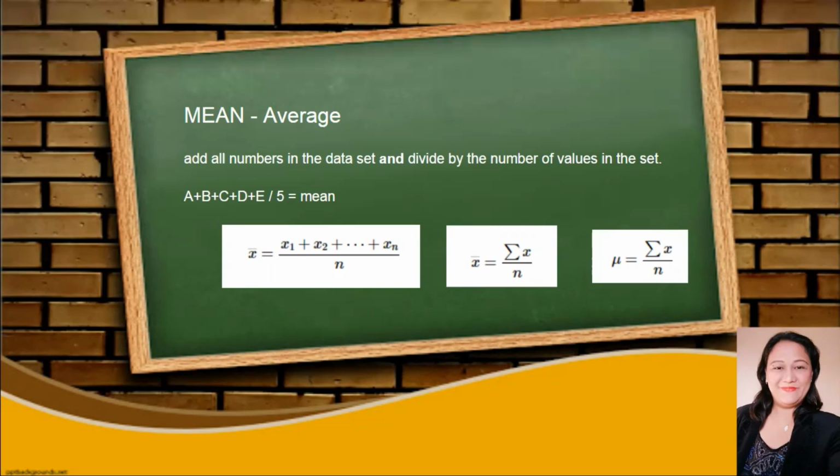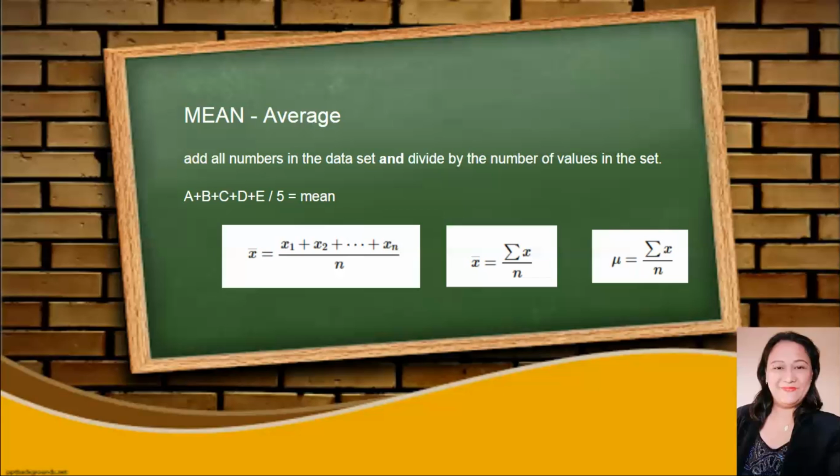Halimbawa, meron kang 5 scores. Score A, score B, score C, score D, at score E. I-add mo lang silang lahat at dahil 5 sila, i-divide mo sa 5, yun na ang mean. Very easy, right?